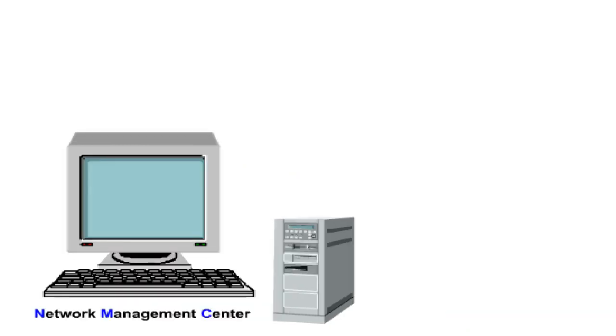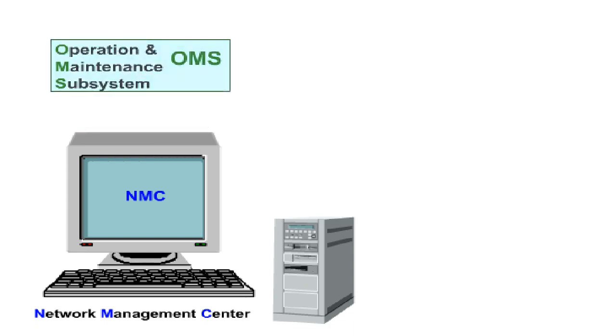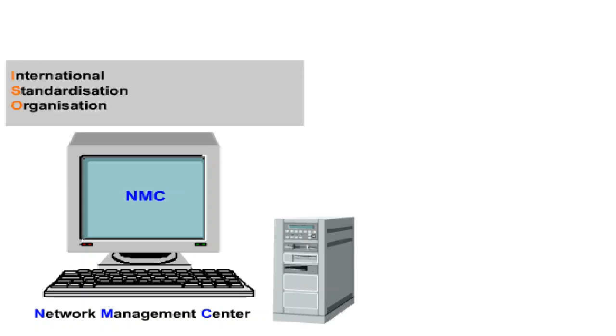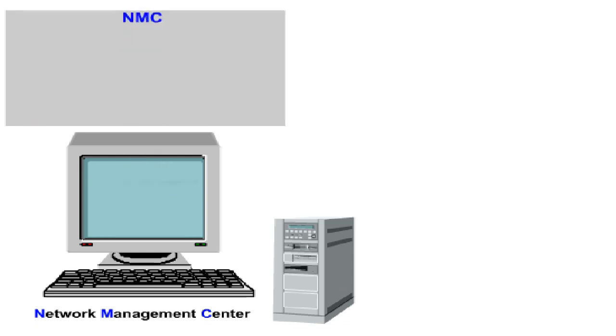The Network Management Center, NMC, assumes special functions in the context of OMS, which are not defined in the GSM standard, but are based on definitions of the International Standardization Organization, ISO, and on recommendations of the International Telecommunication Union, ITU. An NMC carries out functions of performance management.